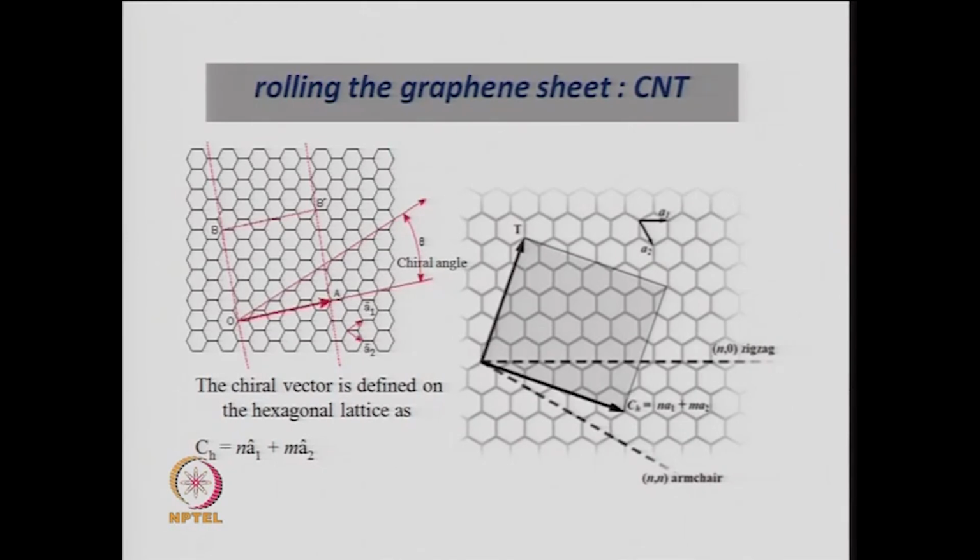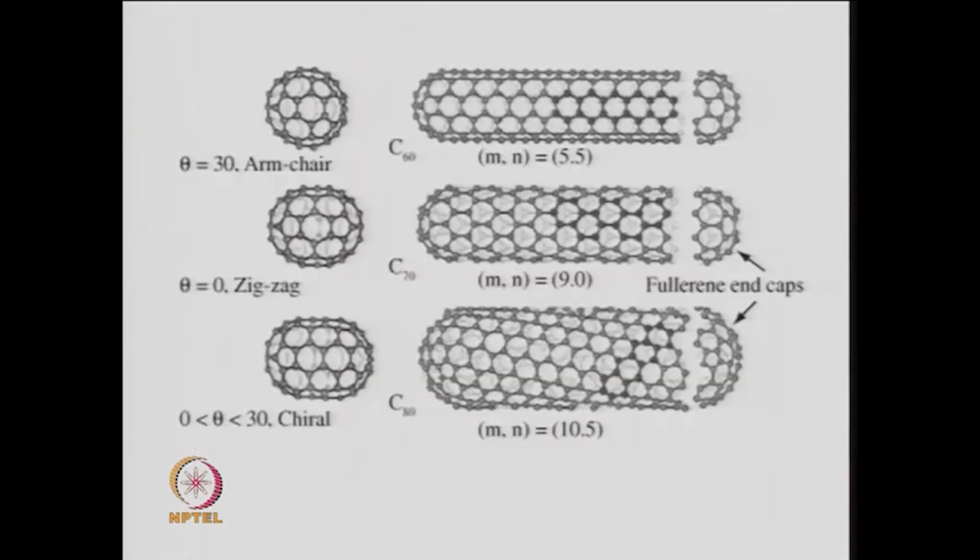So, if you have any chiral angle between 0 and 30, you will have chiral nanotubes. So, this is what is shown here, that if you have theta, the chiral angle, equal to 30, you will have the armchair kind of structure for the carbon nanotube.